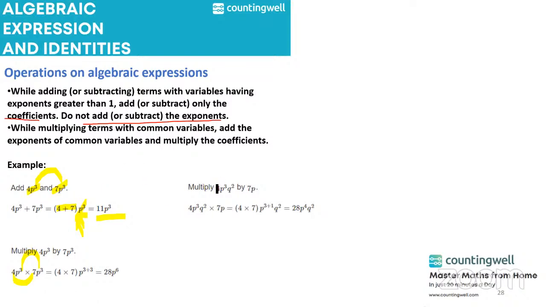If you're multiplying a term like this with a term such as 7p, then again you multiply the numerical coefficients, and then p cube into p to the power 1. So 3 plus 1 is 4, and since the q term is missing, it is q to the power 0, so 2 plus 0 is again 2. That's why we have 28p to the power 4 q square.